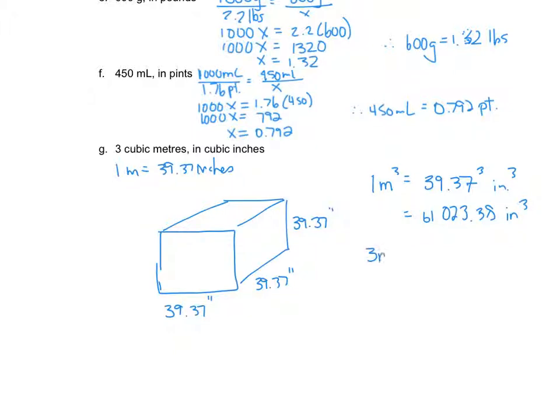Now to convert 3 meters cubed, we're going to multiply that by 3. So 3 cubic meters is the same as 183,070.13 inches cubed. And that concludes this lesson.